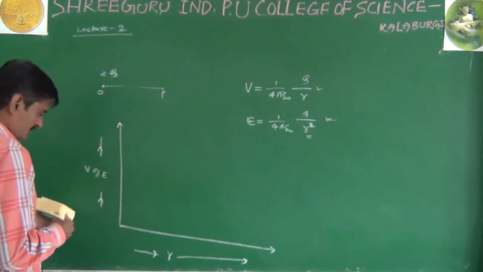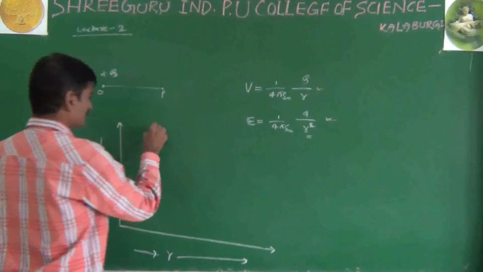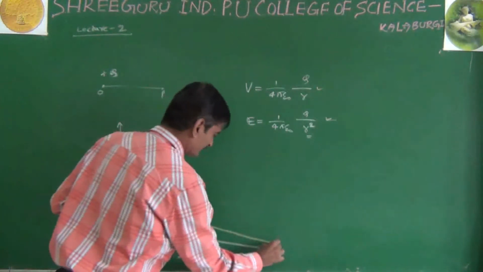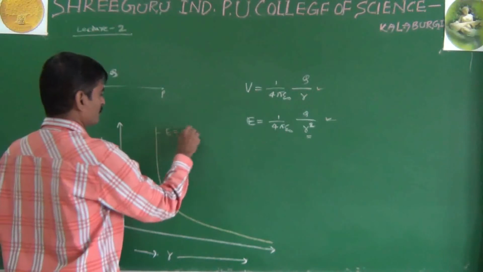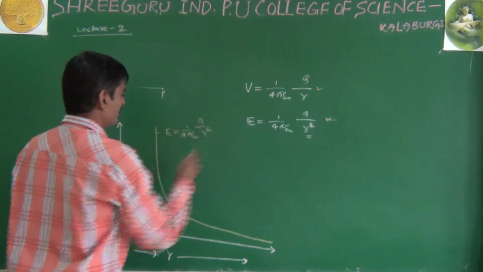Simply it will be something like this. That is, it is inversely proportional to R square. So you get a curve like this. This is for electric field intensity. So E is equal to 1 by 4 pi epsilon naught Q divided by R square.